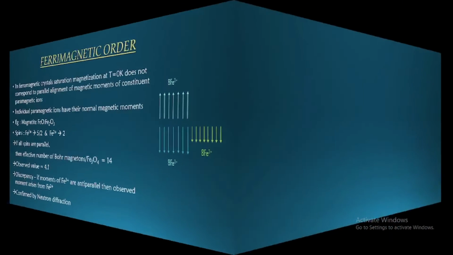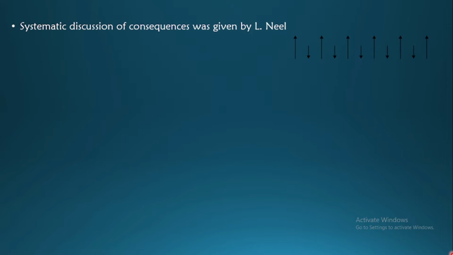Then let us understand in depth the concept of ferrimagnetism. As we have seen, a very systematic discussion of the consequences of this type of spin order was given by Louis Néel with reference to an important class of magnetic oxides which he named ferrites.